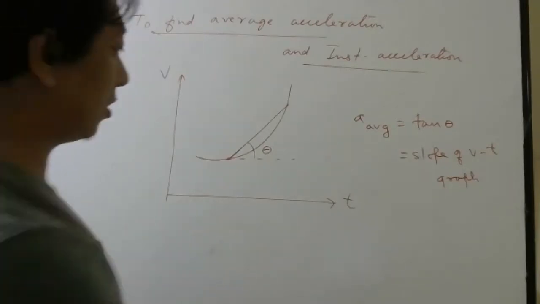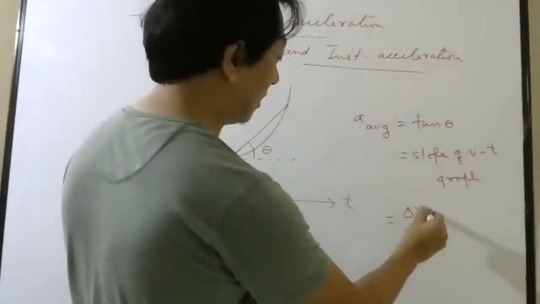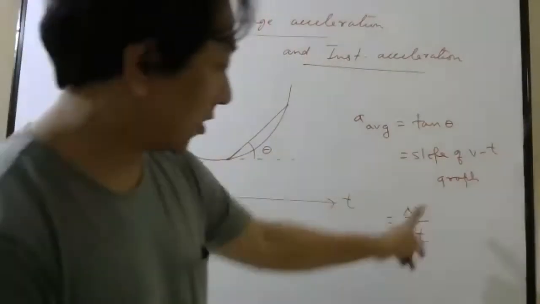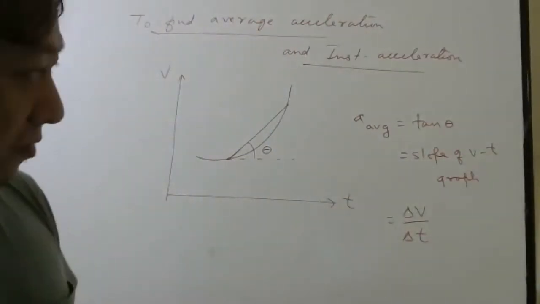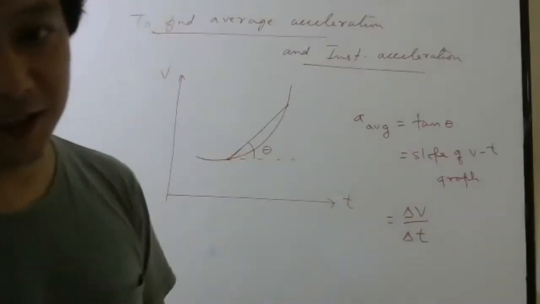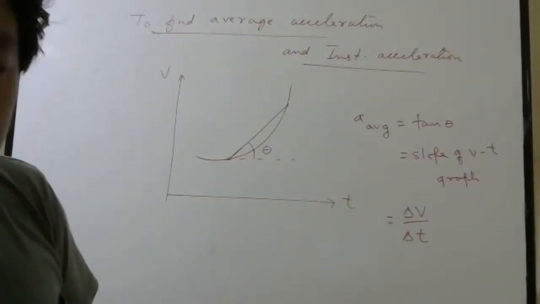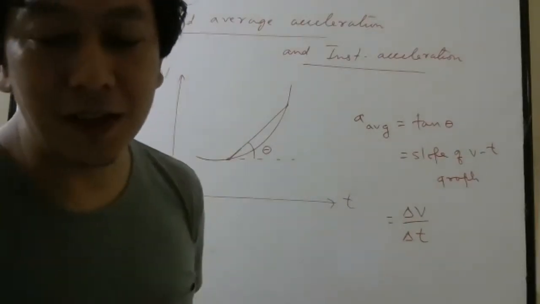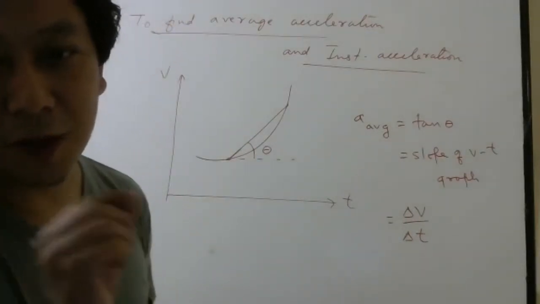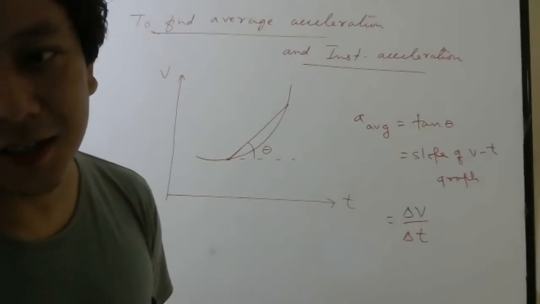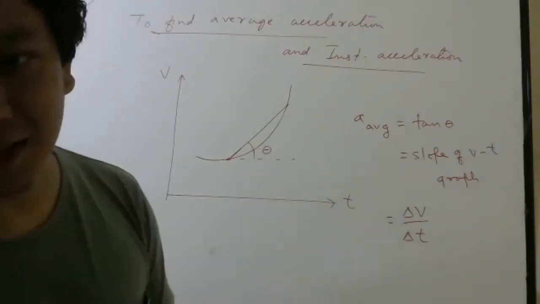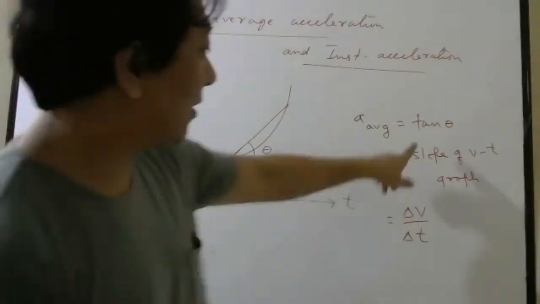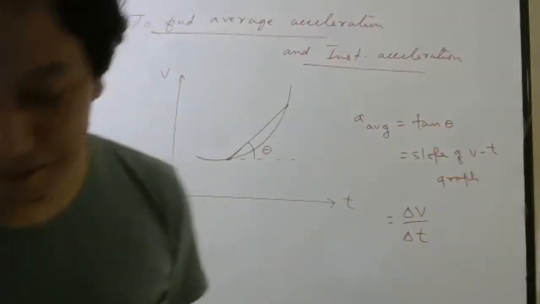And we have discussed that already, no? Change in velocity by change in time, that is, change in velocity by time taken, is what we define as average acceleration. And if somebody asks to calculate instantaneous acceleration, then at that point you draw a tangent, then repeat the same process, tan theta.